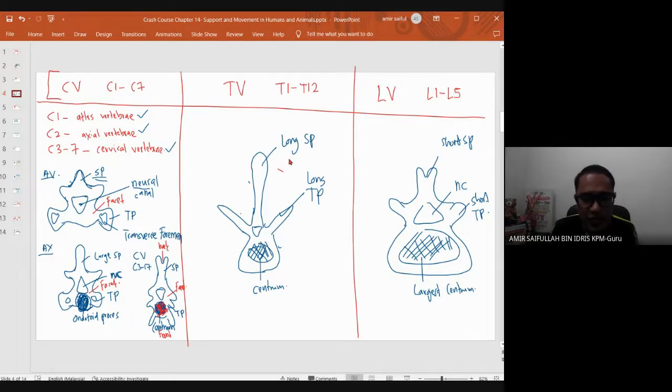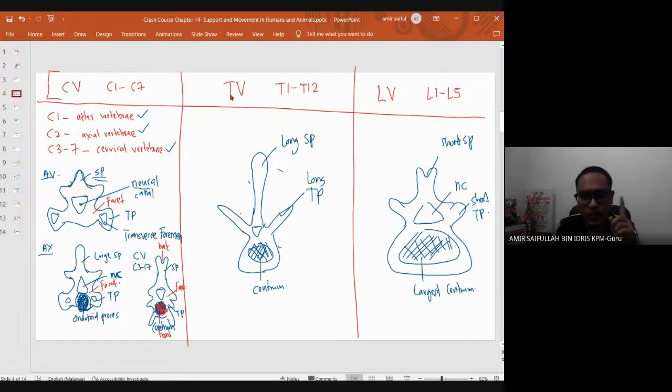Thoracic vertebrae, very long spinous. So that's why at the thoracic, you can really feel the spinous process. Long transverse process, long spinous process, has middle size of centrum, middle size. Next, lumbar vertebrae, very short spinous, also has neural canal, short transverse process.